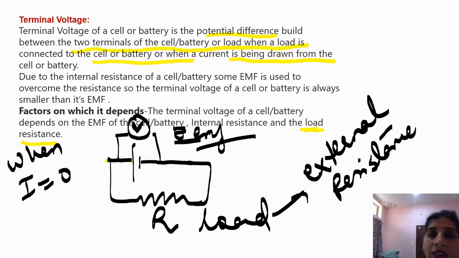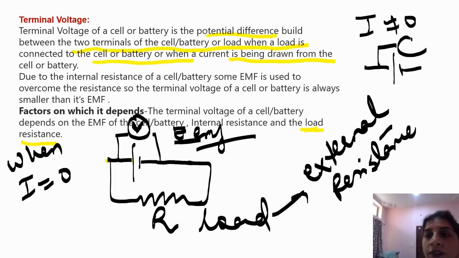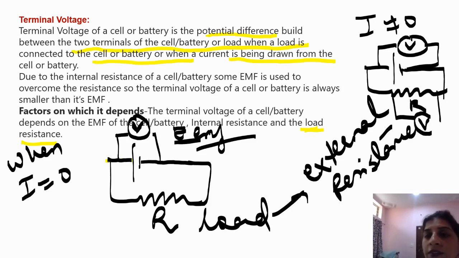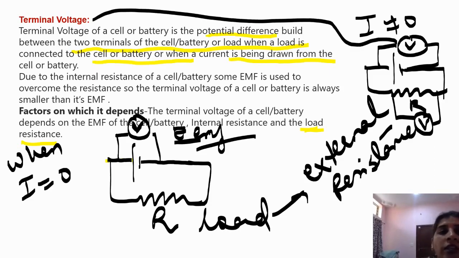And when I is not equal to 0, whatever V comes across your cell, or V comes across your external resistance R, it is called terminal voltage. Whatever V comes, it is called terminal voltage.